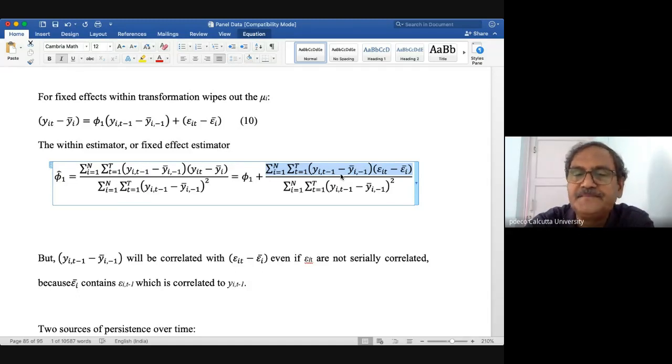will be correlated with epsilon it minus epsilon bar I. Can you say why? Because if you look at the formula for epsilon bar I, you have taken all the previous values for epsilon. So when we have taken the previous values for epsilon, they will be correlated with the previous value for y.